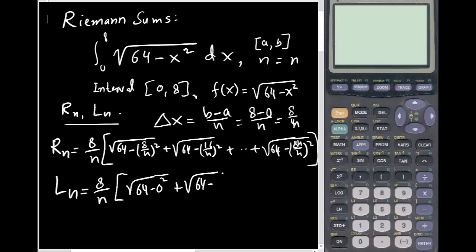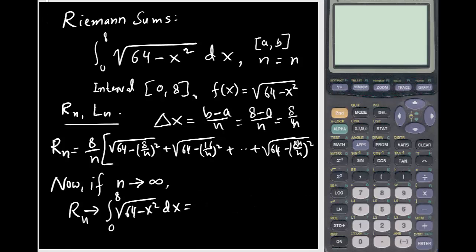So then you get 8 over n squared. So it will continue. You will not go up to 8n. You will stop at square root of 64 minus 8 times n minus 1 over n squared. And this everything will be squared. So we will be interested in right Riemann sum and will ask further question on this.